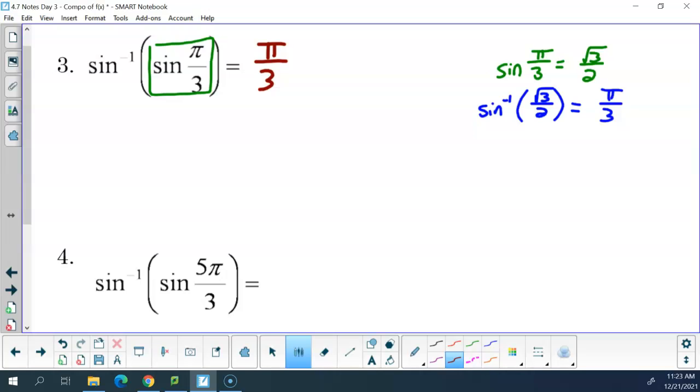That's why I said before, in a polynomial function, when you take the inverse of the function or the function of the inverse, those just cancel each other out. But in trig, because we have restricted values, that doesn't work out. The sine at 5 pi over 3 is, in fact, negative square root 3 over 2.